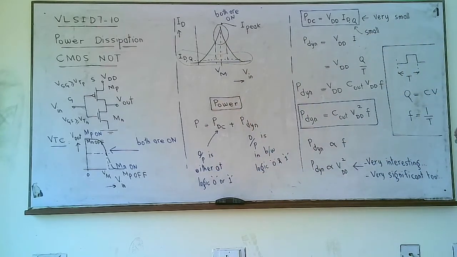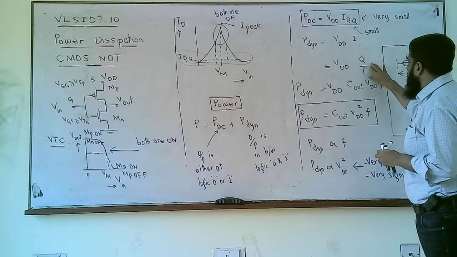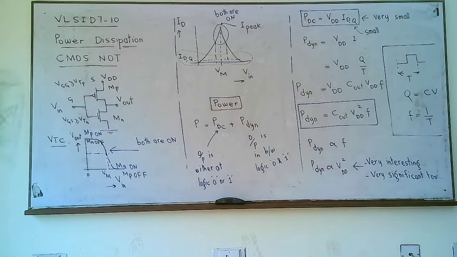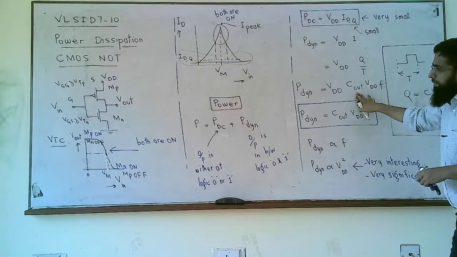If we call this current I, it can also be thought of as Q over T, because current is the rate of flow of charge, where T is the time period of the wave that we have applied as input to this gate. And Q can be written as C times V, where the output capacitance is Cout.